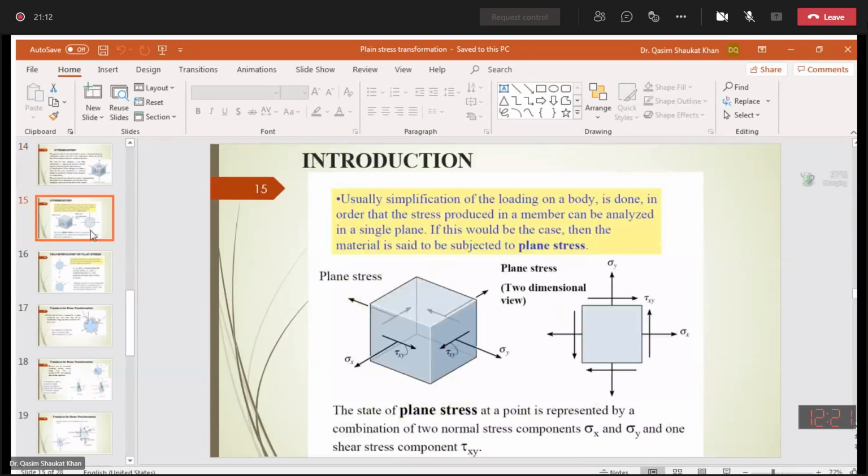In the biaxial stress state you have 2 axes, X and Y, and only 2 faces, because this face is complementary to this one, 180 degrees apart. So we have 2 normal stress components and 1 shear stress component. I can draw this figure as well.